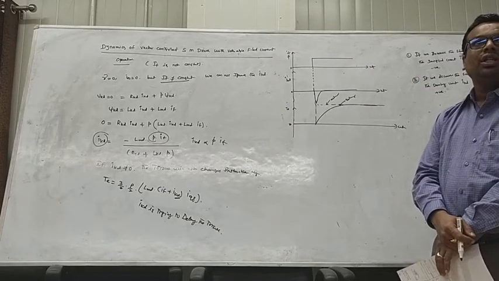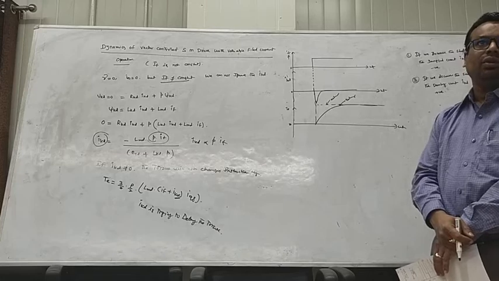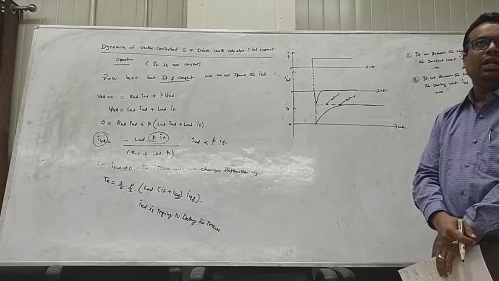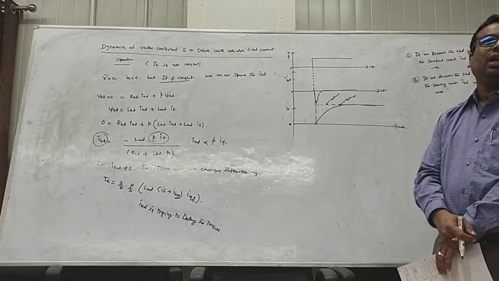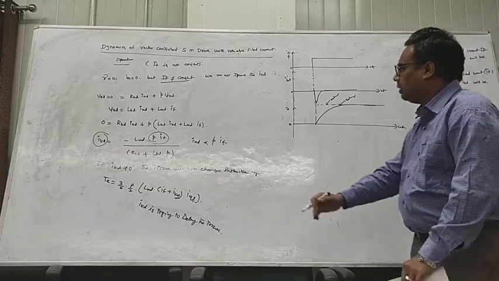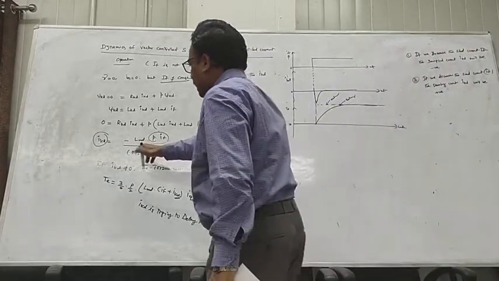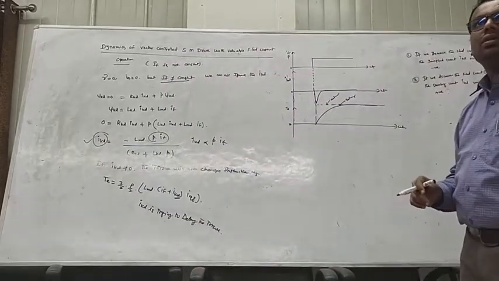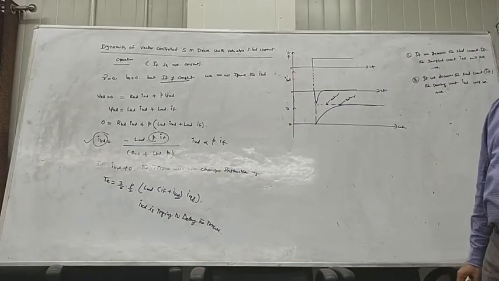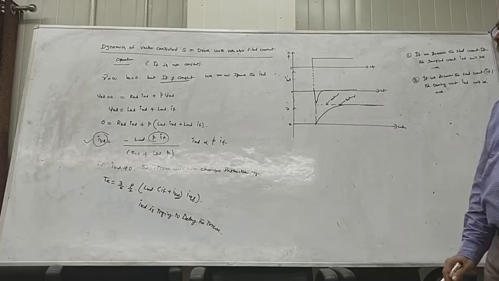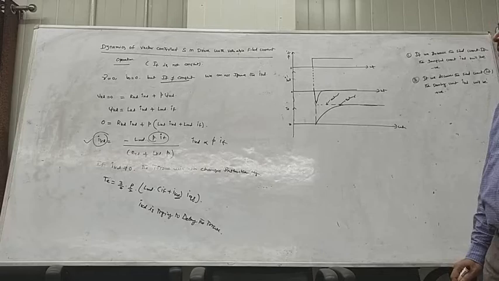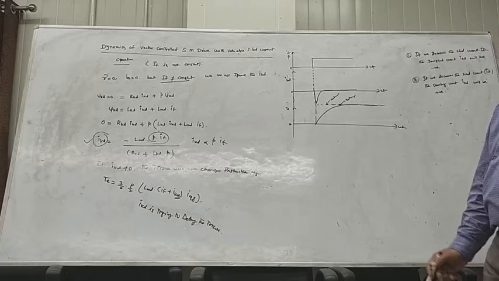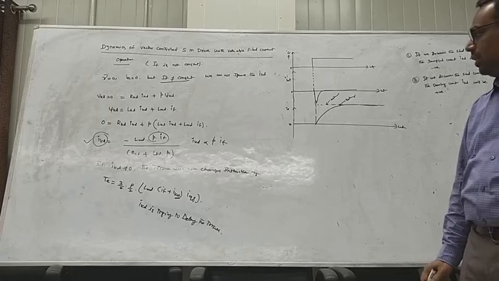But here your field current is variable, so this IKD changes; IKD is not equal to 0. Then you have to derive the expression for IKD. Your IKD is equal to minus LMD into differentiation of IF divided by RKD plus LKD into P, where P is the d by dt differentiation parameter.